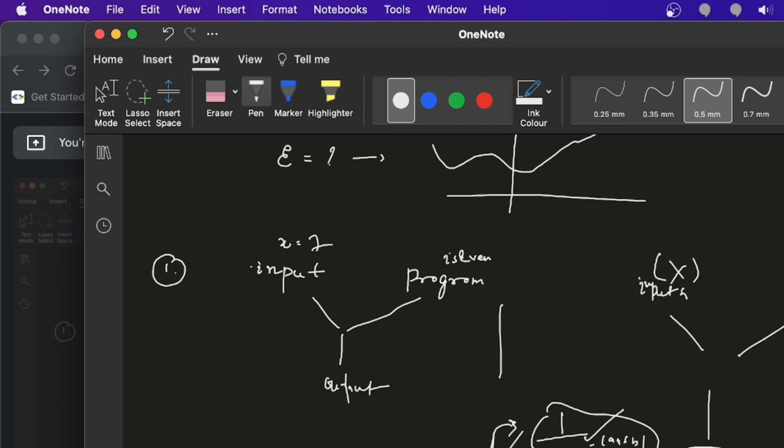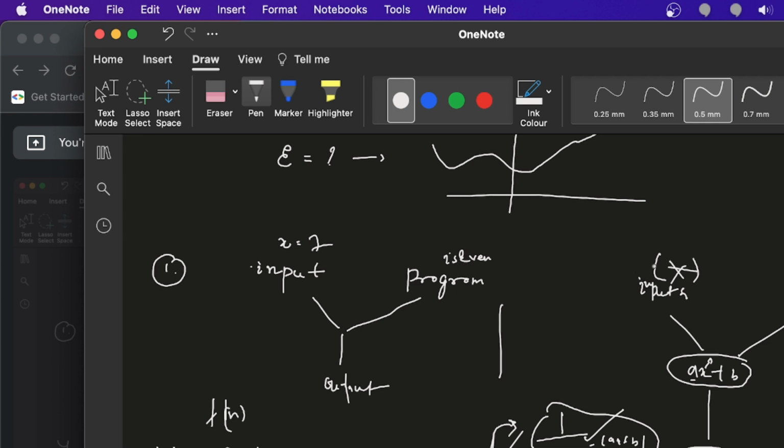But suppose you are going with the model ax plus b. This is your model, where x is a variable term and a and b are constant values. So y is ax plus b, which is a function of x. Here a and b are constants.